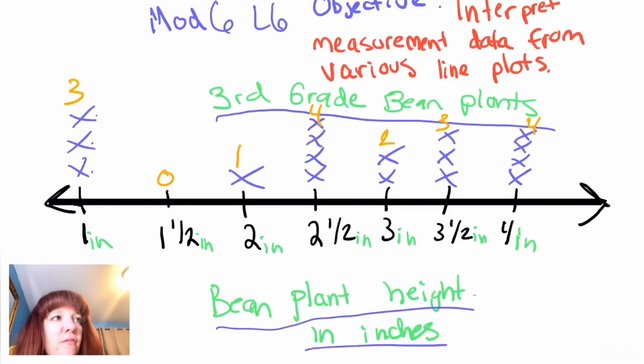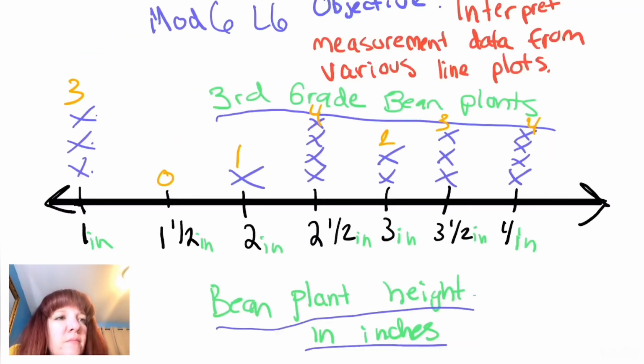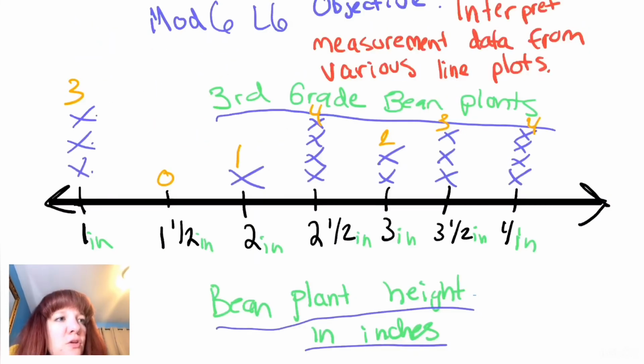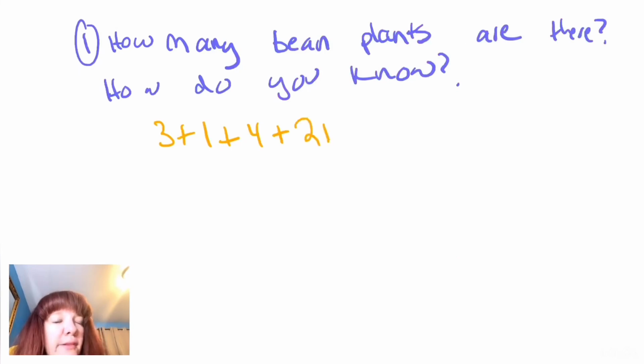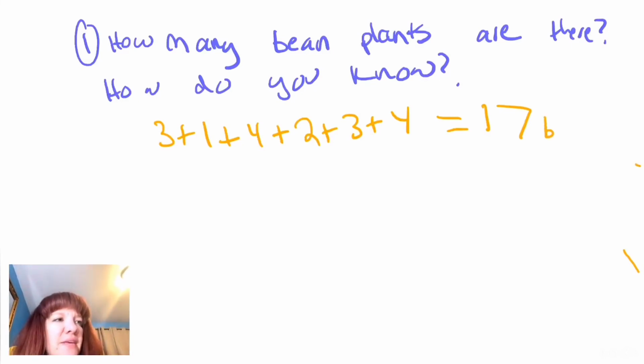So we have 3 plus 1 plus 4 plus 2 plus 3 plus 4, and we said that was 17. 4, 5, 6, 8, 9, 10, 11, 12, 13, 14, 15, 16, 17. Good. Just wanted to double check my work. You should always double check your work. Okay. So we have 17 bean plants.